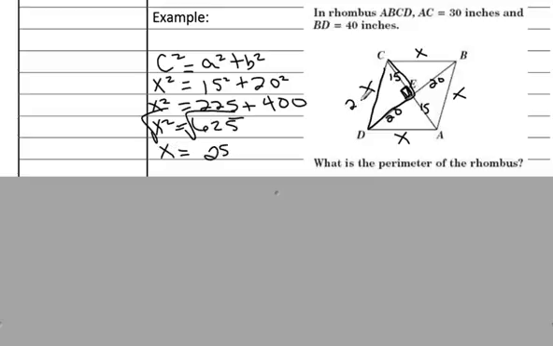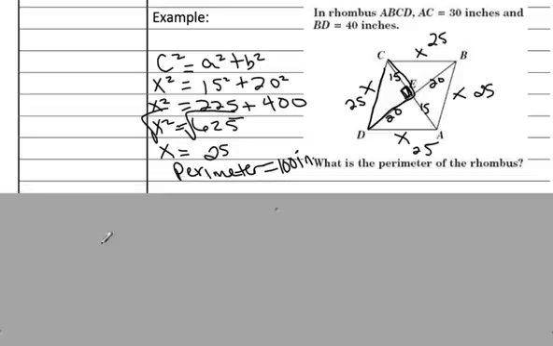So that means that each side in this rhombus is 25 inches. So that means the perimeter of the rhombus is 25 plus 25 plus 25 plus 25, or 25 times 4, which is 100. And this was inches. So 100 inches is our perimeter.